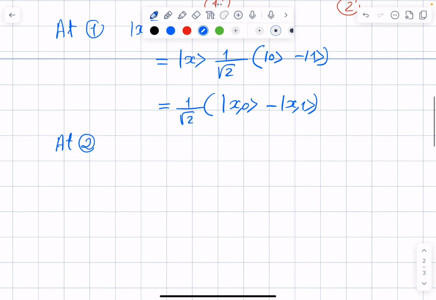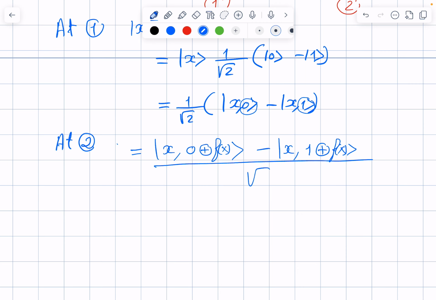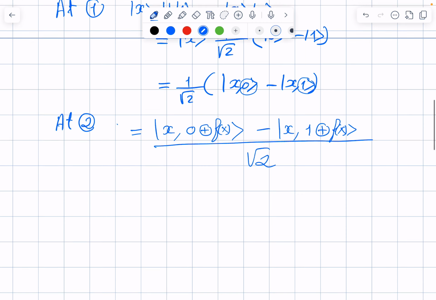So after U, at 2, we'll have x tensor with 0 XOR f of x, minus x with what we have here, 1 XOR f of x, over square root 2.